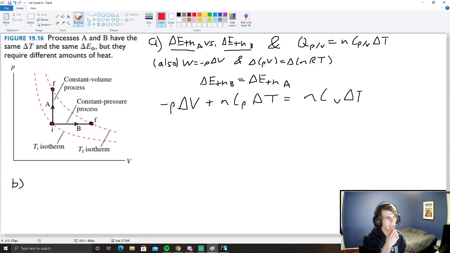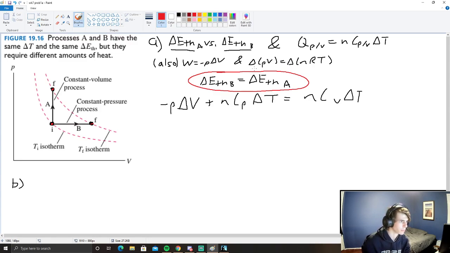So they must have the same change in temperature. If they have the same change in temperature, then they have to have the same change in thermal energy. So that means these two things are equal. And that's where you really get going in this problem.